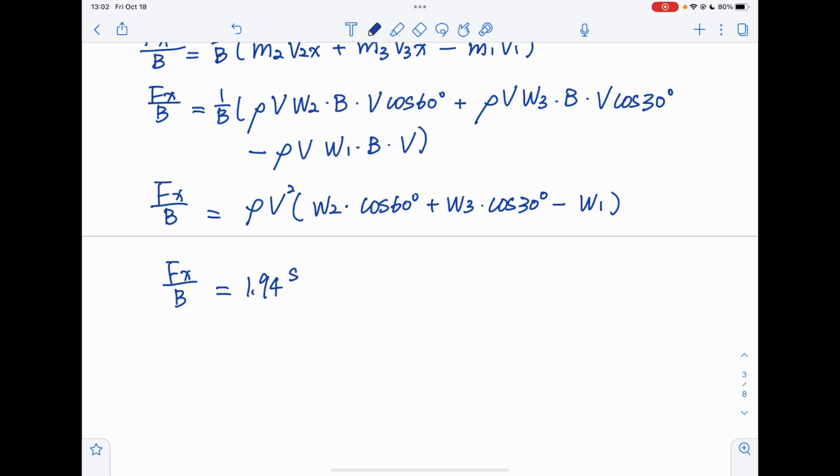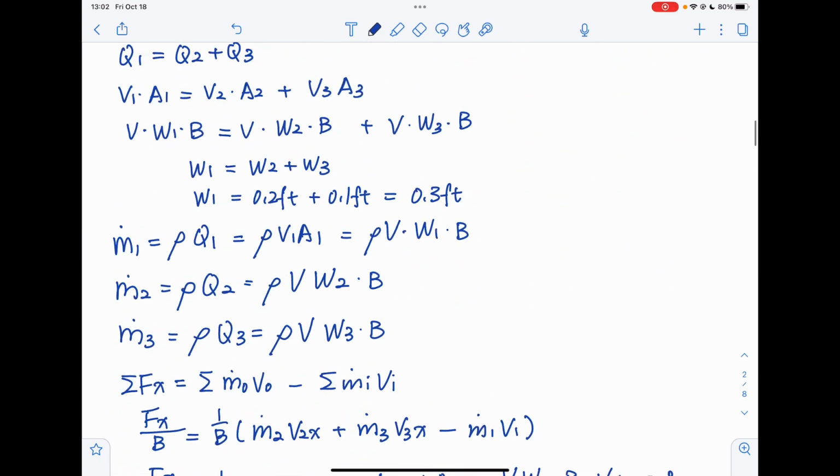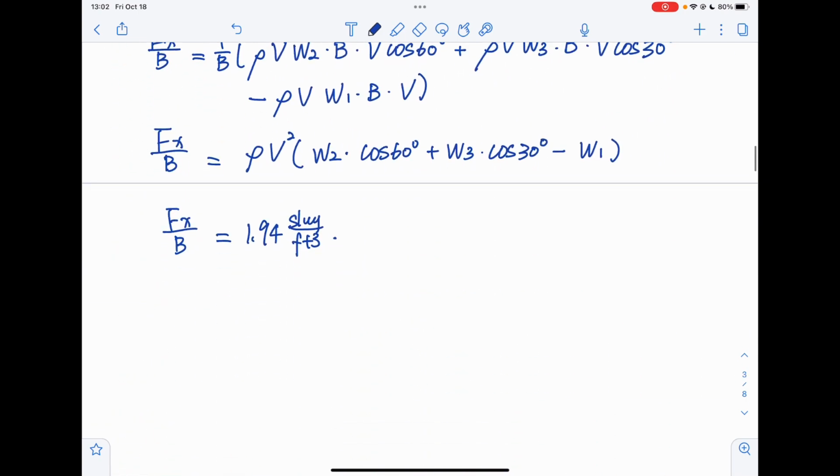1.94 slug per cubic feet times the velocity, which is 40 feet per second, to the power of 2.